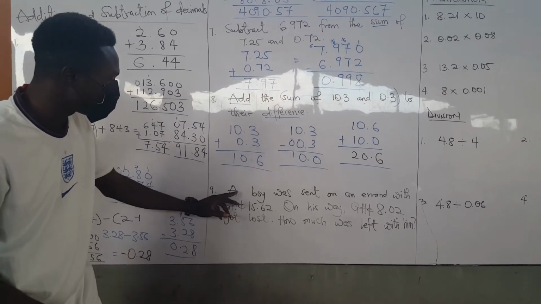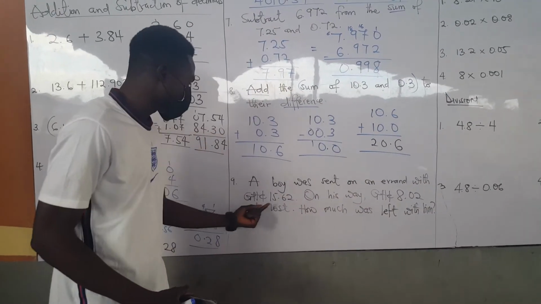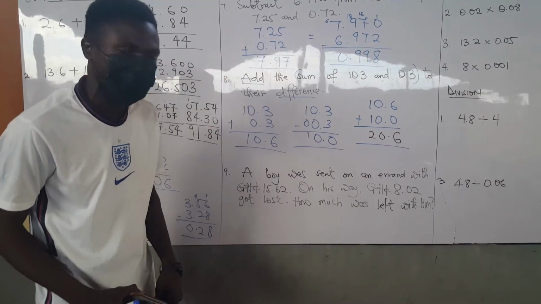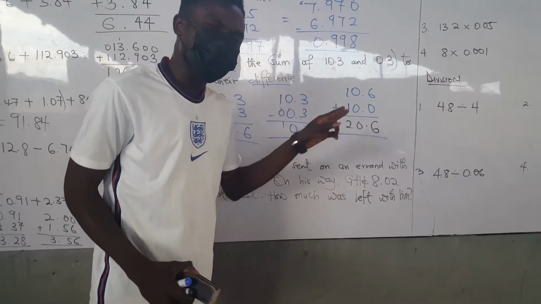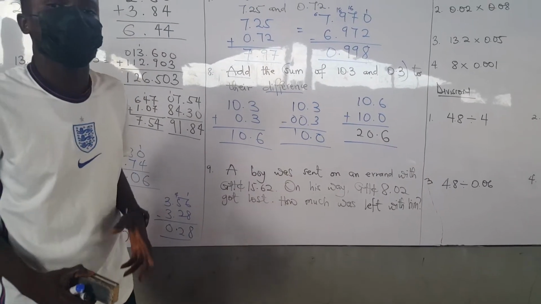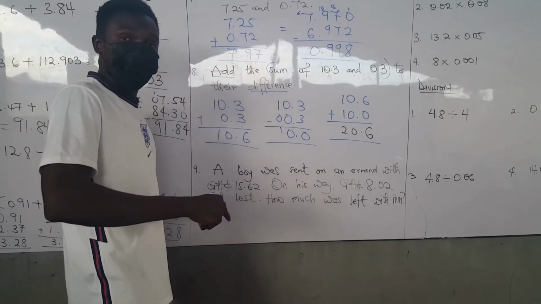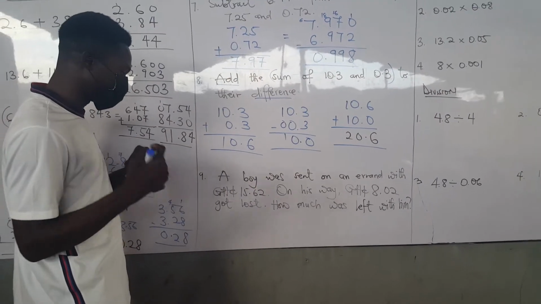It says that a boy was sent on an errand with 15 Ghana cedis, 62 pesos. On his way, 8 cedis, 02 pesos got lost.